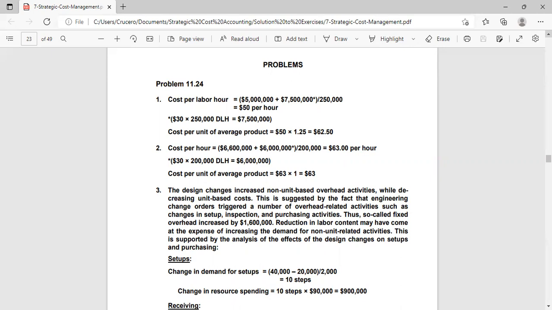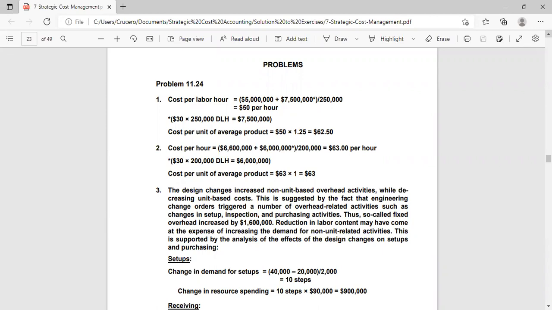So we get 12.5 million divided by 250,000 direct labor hours, which gives us 50 per hour. And the cost per unit of the average product is 50 times 1.25. That's 62.50.